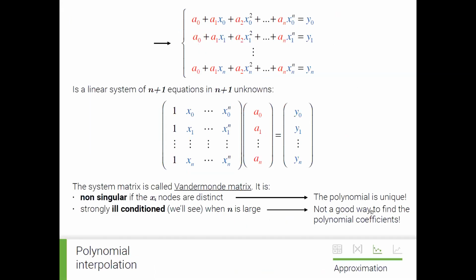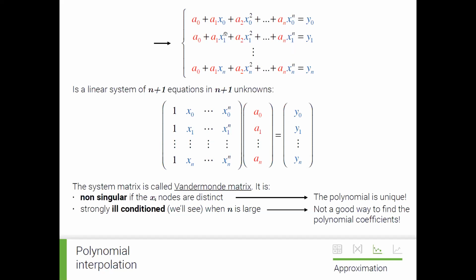Now, this is a linear system of n plus 1 equations and n plus 1 unknowns.